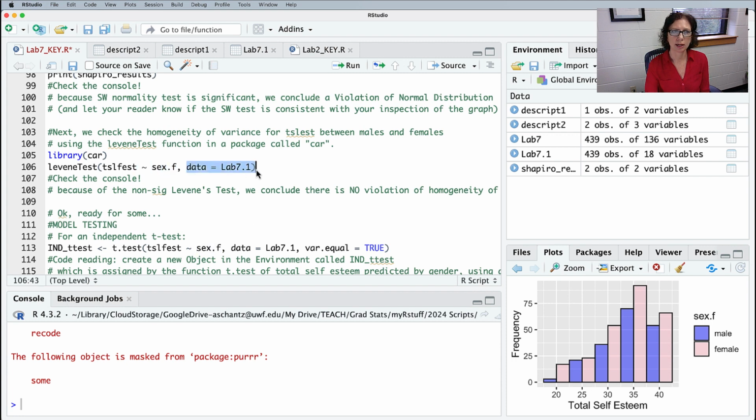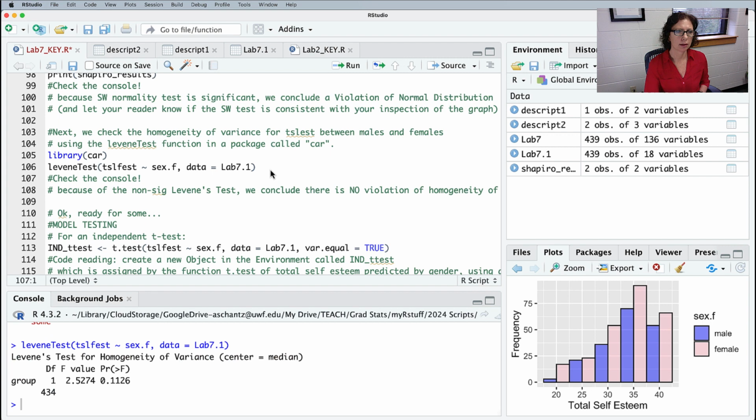And what data set are we referring to? So we'll run that. And looks like our Levene's test comes in at a significance level of 0.1126, which is not less than 0.05. So it's not significant. We conclude there's no violation of homogeneity of variance.